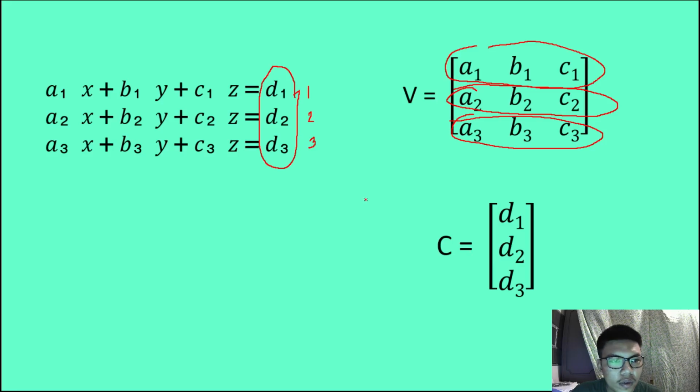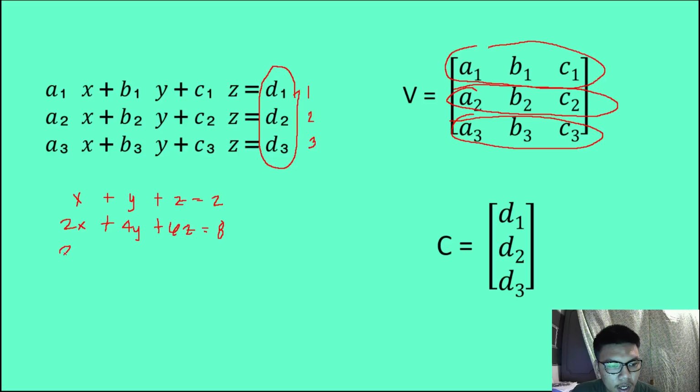Now, let's have the Cramer's rule. Okay, let's have an example muna siguro. Ano ba magandang example dito? So, halimbawa, meron kang x plus y plus z is equal to 2. Then you have 2x plus 4y plus 6z is equal to 8.